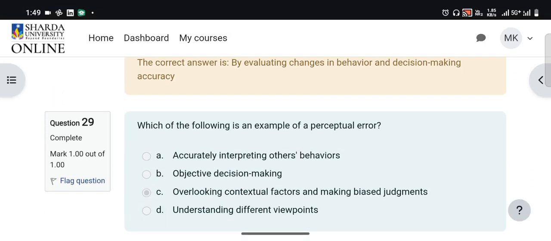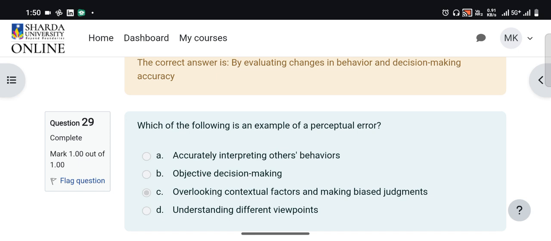Question number 29. Which of the following is an example of a perceptual error? Option A, accurately interpreting others' behaviors. Option B, objective decision making.